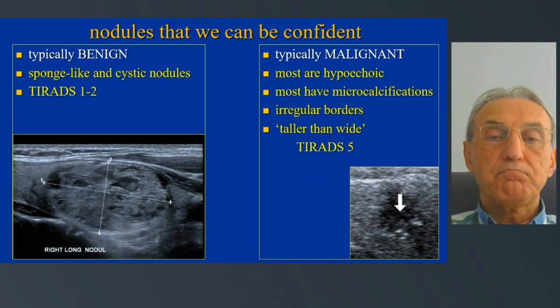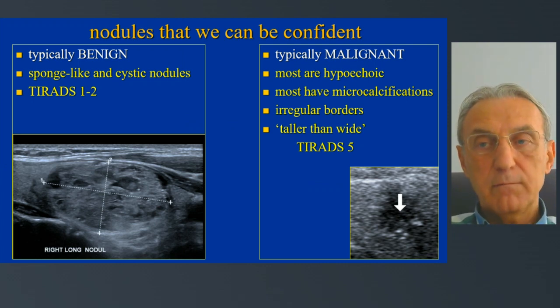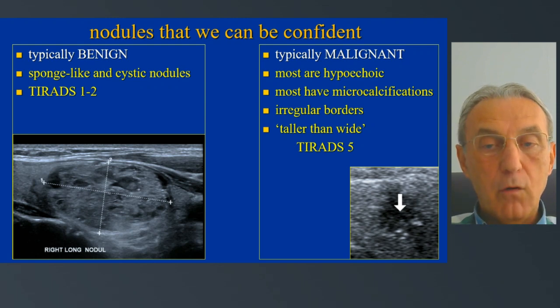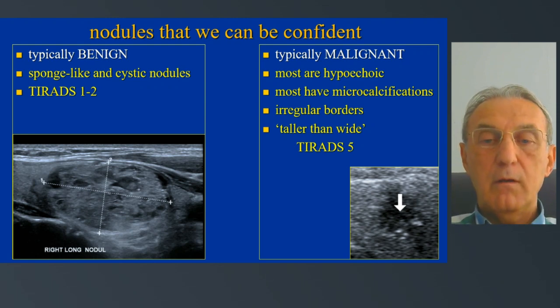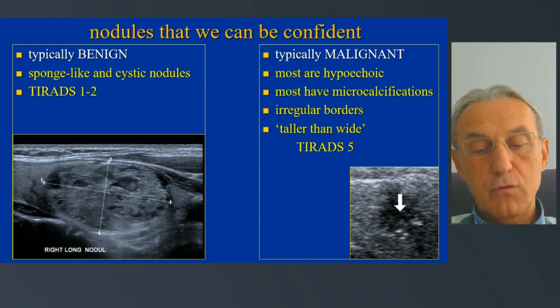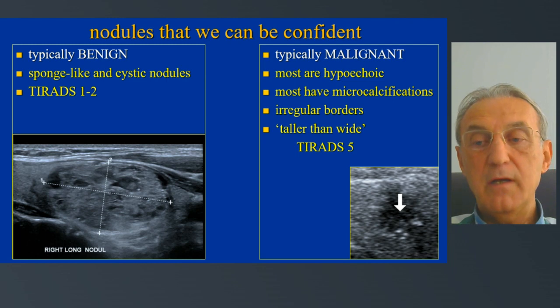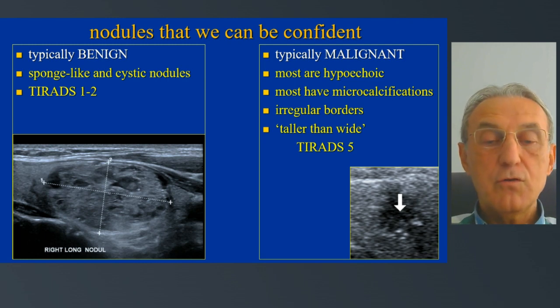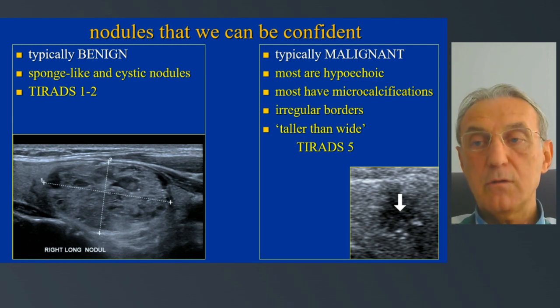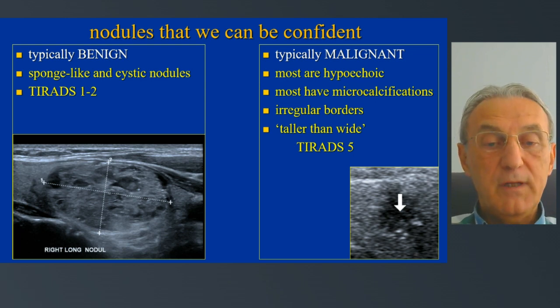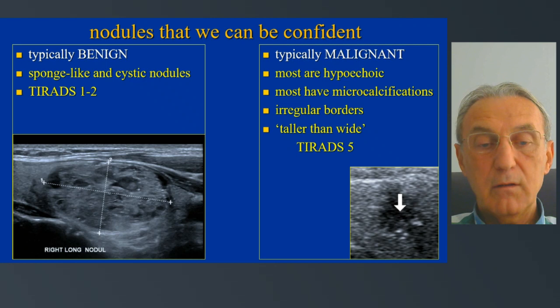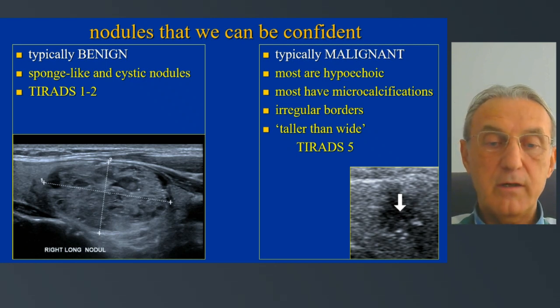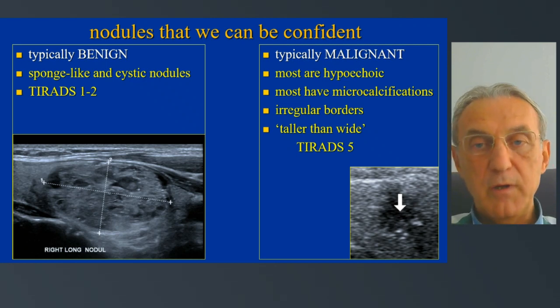So, to summarize, we can say that we can be confident with two types of nodules. The first one is the typically benign. If the nodule is typically sponge-like and completely cystic, then we can surely say that this is thyroid 1 or 2 and it's benign.